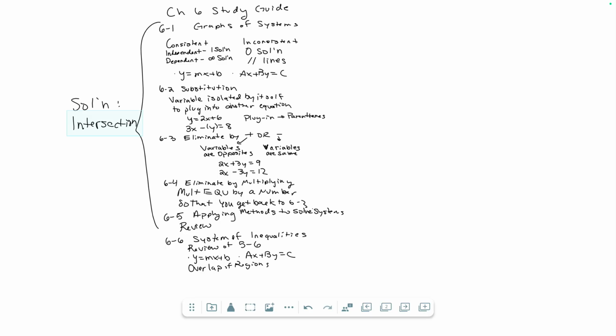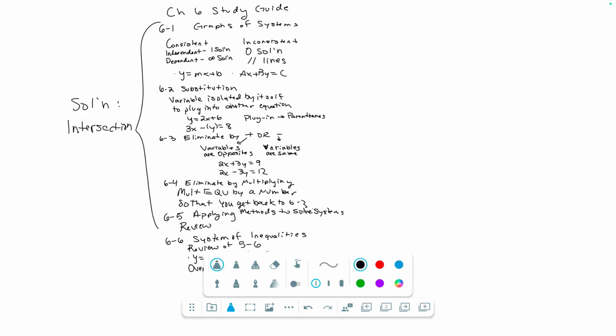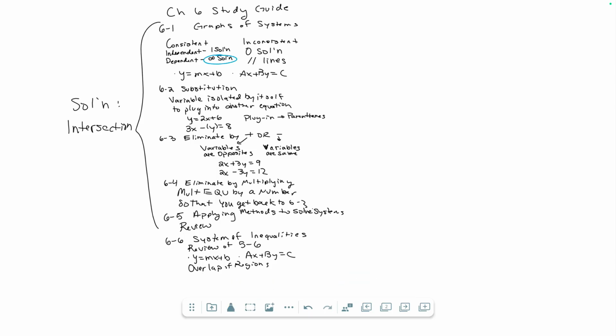Okay? It is an intersection of the lines. Now, granted, there are those cases where you have infinite solutions or no solutions. I will say we only saw those infinite or no solutions in lesson 2. So the chance of you seeing something like that in lesson 3 or lesson 4 is essentially 0. Okay, we didn't even have any of those on the quiz.